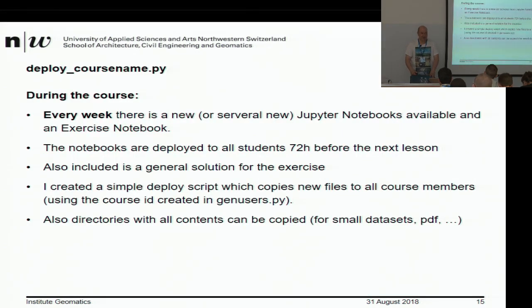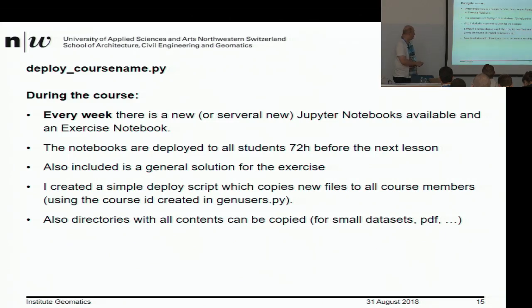The second thing is, I don't want to give all notebooks at once in the first lesson. I do it like 72 hours before the next lesson. I will deploy all notebooks for the next course. And so I created a script, deploy, in my case geoproc Pi, where I can just copy all the materials to all students.